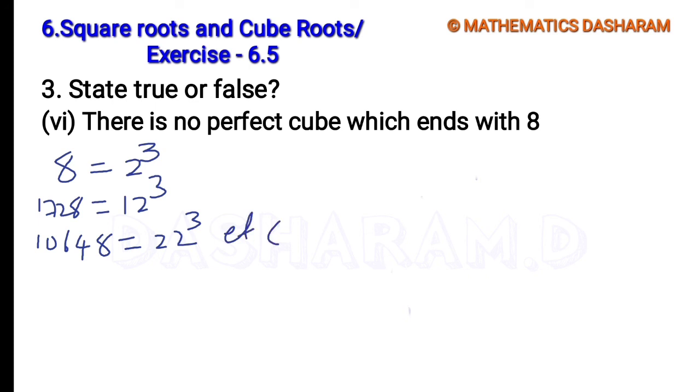So when the unit place of a given number is 2, definitely its cube ends with 8. But he is saying no perfect cube ends with 8. But there are many perfect cube numbers that end with 8. So therefore the given statement is a false statement.